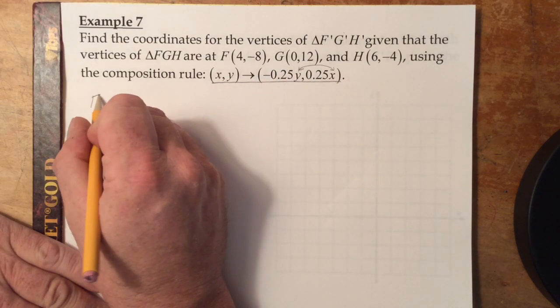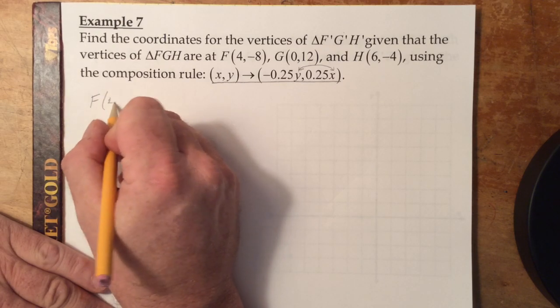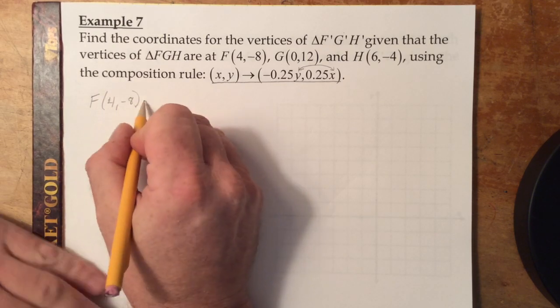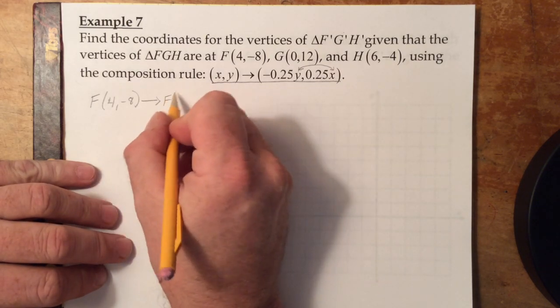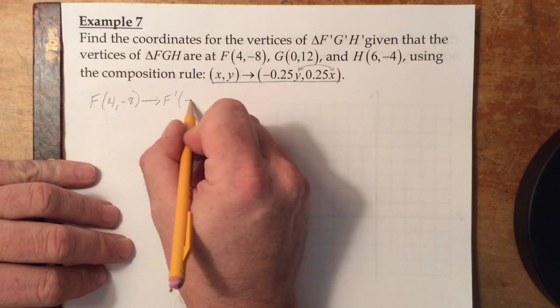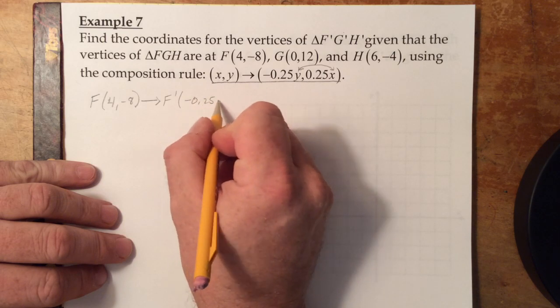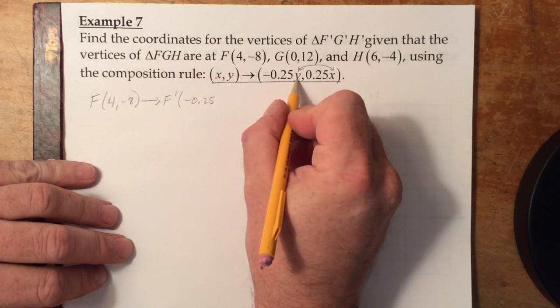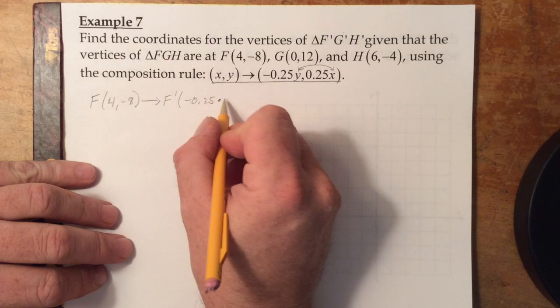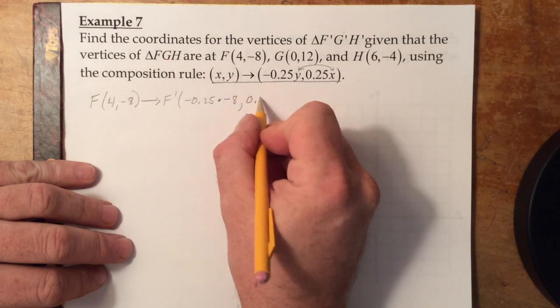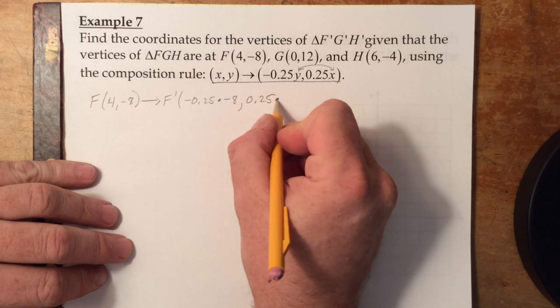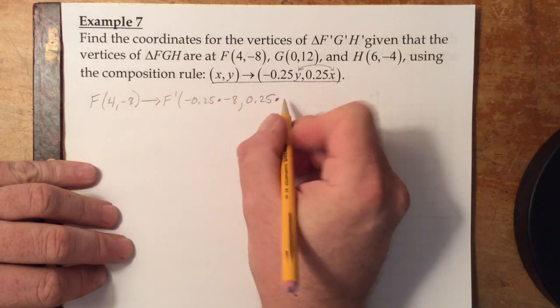So we start with F, (4, -8). We apply the rule that we have. We get F prime. This is -0.25 times y, and y is -8, comma, 0.25 times x, which over here is 4.